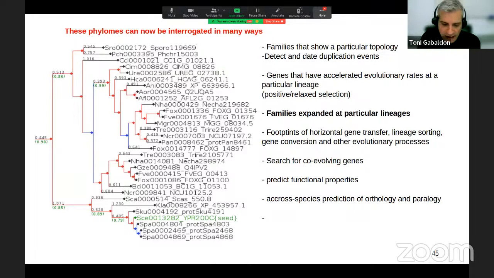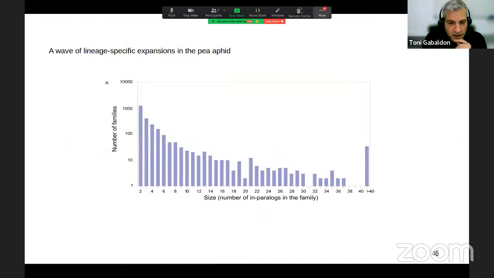In this case, because of the large amount of paralogous proteins, we were very interested in gene family expansion. This is a picture showing families with lineage-specific duplications in the pea aphid, and many of them had two members, but also three, four, and so on.